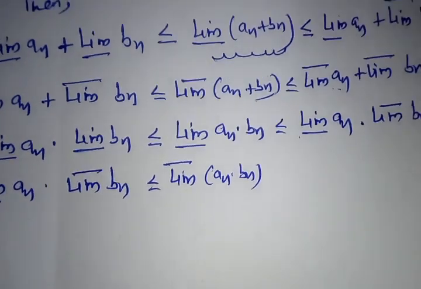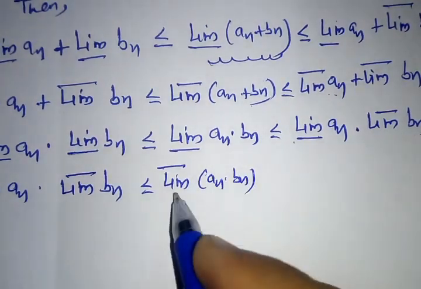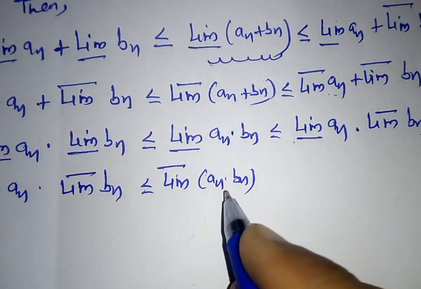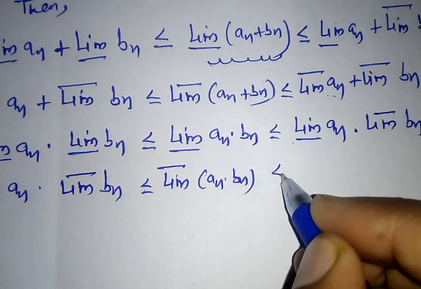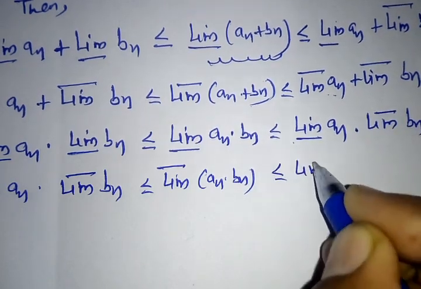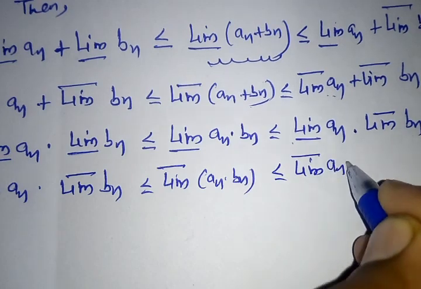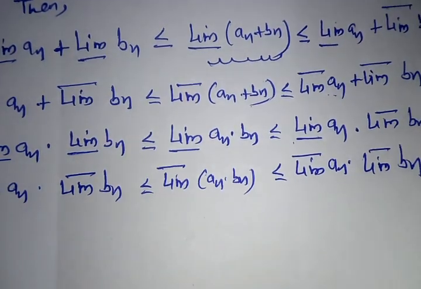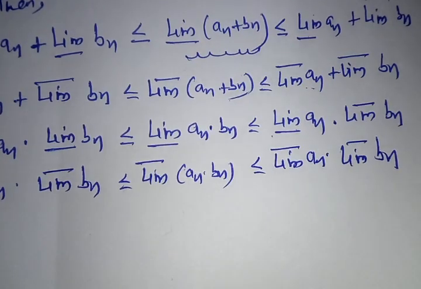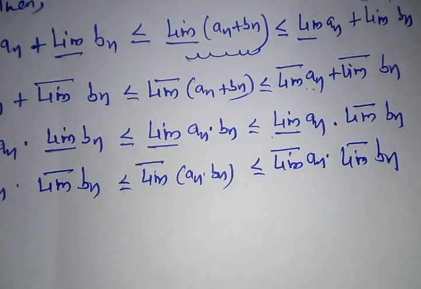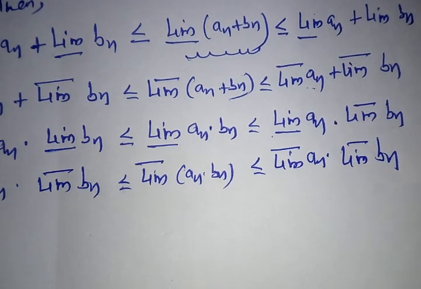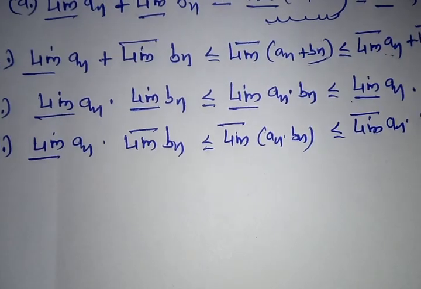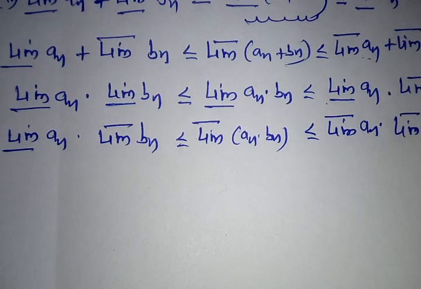So limit superior of an into bn is less than or equal to limit superior of an into limit superior of bn. So these are the properties of limit inferior and limit superior.